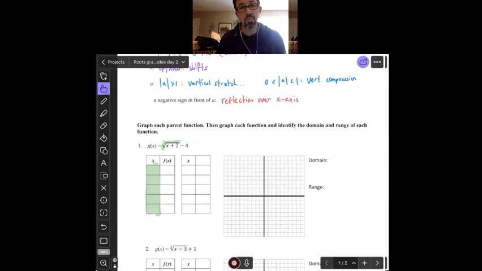So what are those numbers? For square root graphs, square root functions, what values of x do we want to plug in? Close, Mason.